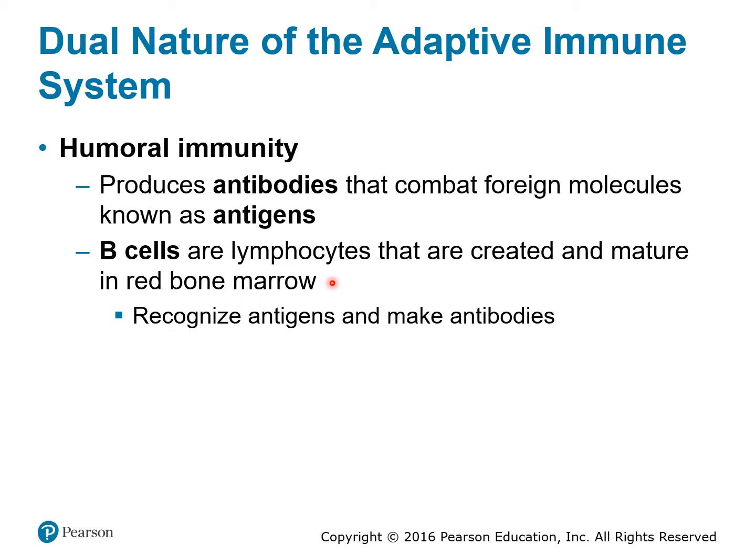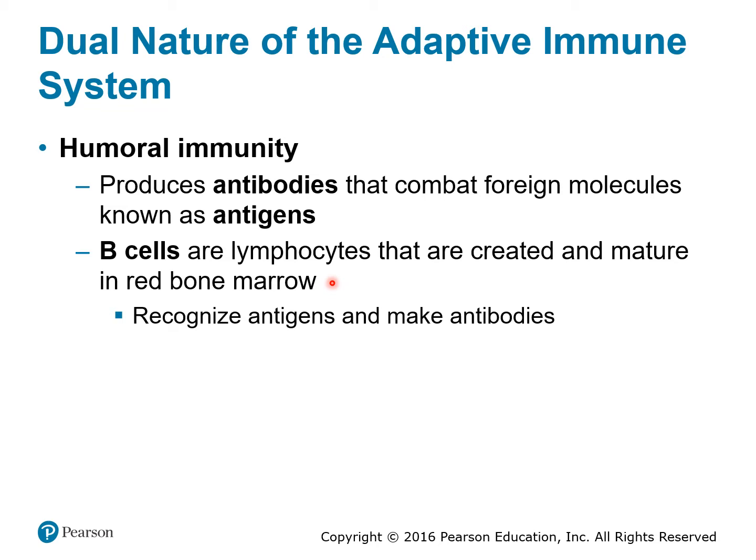When the B cells are first made, we consider them immature. They have to go through a process where they become mature and they have to recognize the difference in terms of what to attack and what not to attack, because you don't want to develop an autoimmune disorder where your own immune cells, your own antibodies, are attacking your cells.